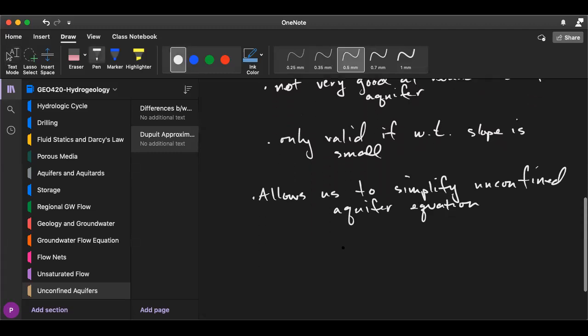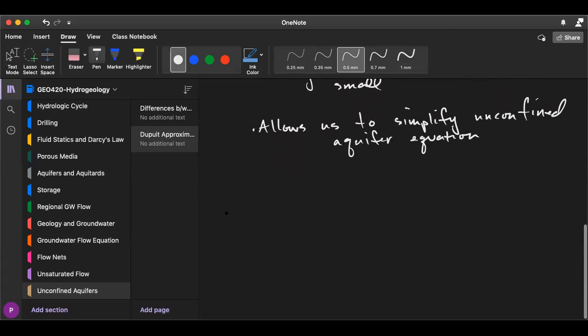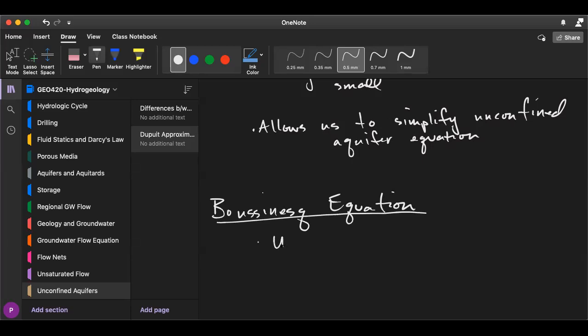So the Dupuit assumption leads to the Boussinesq equation. And this is the equation for unconfined aquifer flow subject to the Dupuit assumption.